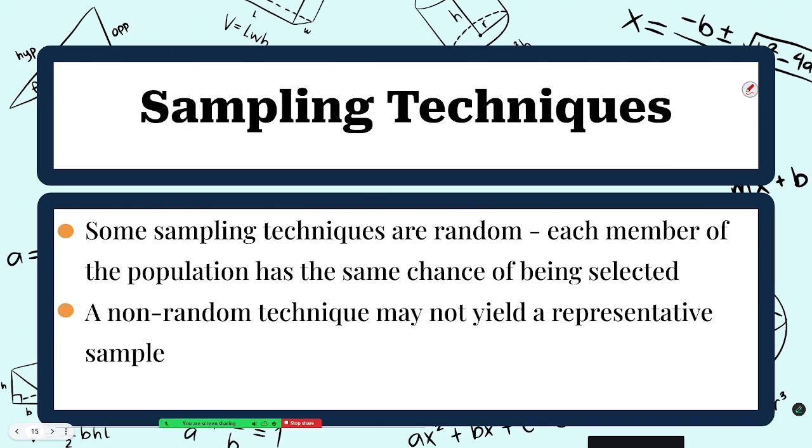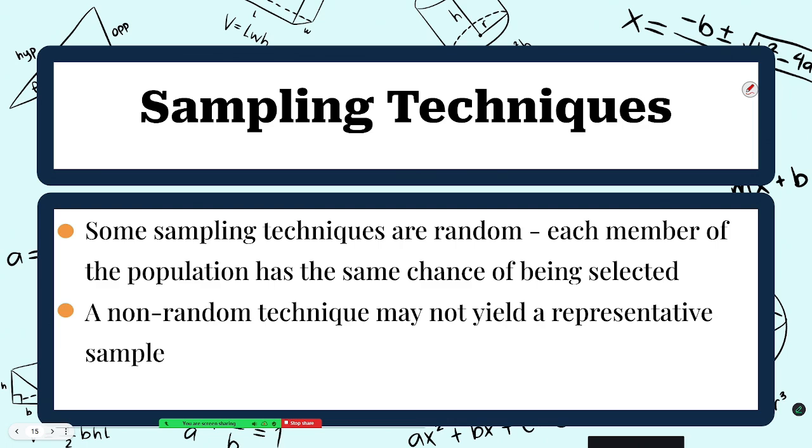We talked about sampling technique, that there are many different ways to find a sample, to find a group, to target a certain population. Some sampling techniques are random, where each member of the population has the same chance of being selected. A non-random technique may not yield a representative sample.